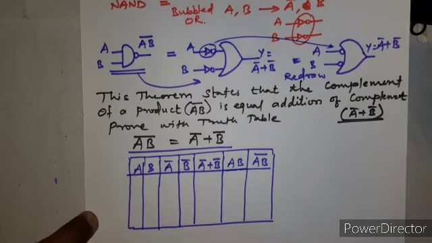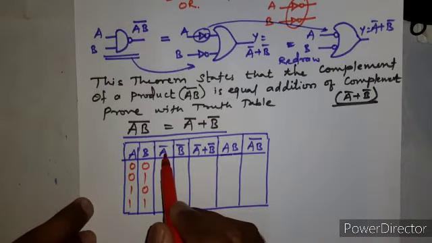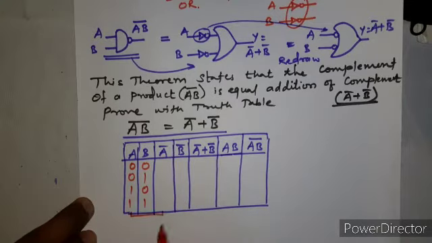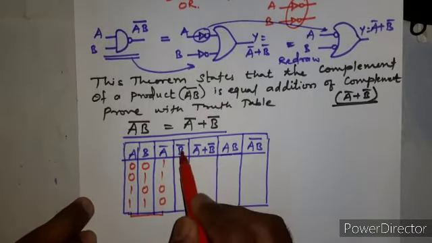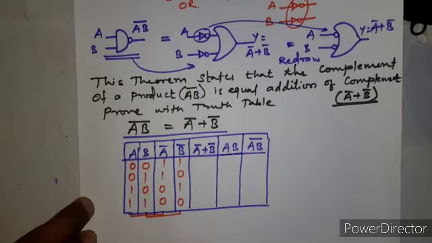Now see here, as usual since there are two inputs, we have 0 0, 0 1, 1 0, 1 1. Now this is A bar. So what is A bar? It means opposite of A here. So this is 1 1 0 0. What is B bar? It is the opposite of this B, so it is 1 0 1 0.